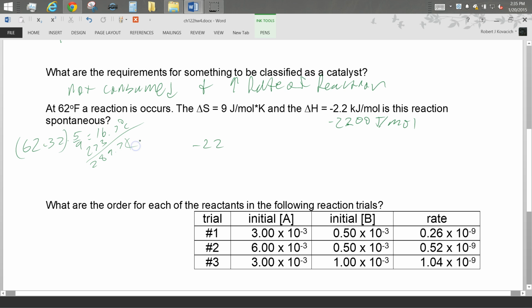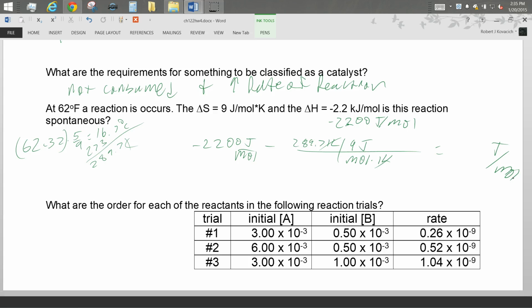Okay, I'm going to take my negative 2200 joules per mole, and then I'm going to subtract off 289.7 Kelvin times 9 joules per mole Kelvin. Kelvins will cancel. I'll have joules per mole in my answer. And what do we got here?